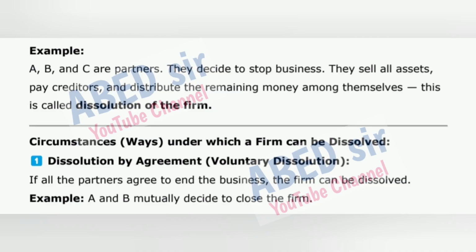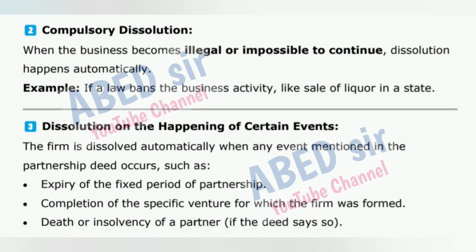If all the partners agree to end the business, the firm can be dissolved. Example: A and B mutually decide to close the firm. 2. Compulsory dissolution. When the business becomes illegal or impossible to continue, dissolution happens automatically. Example: if a law bans the business activity, like sale of liquor in a state. 3. Dissolution on the happening of certain events.